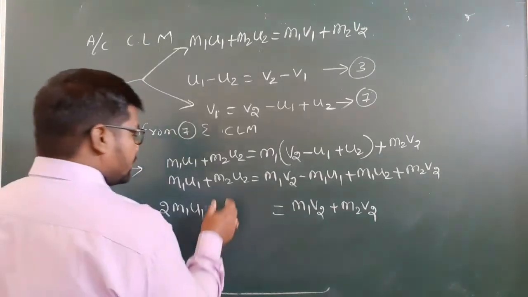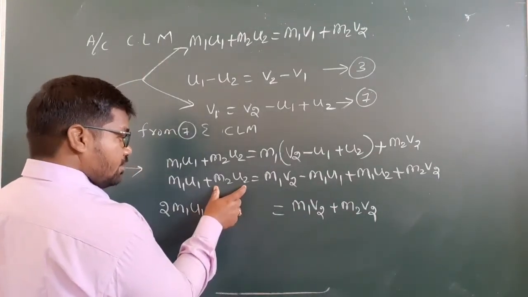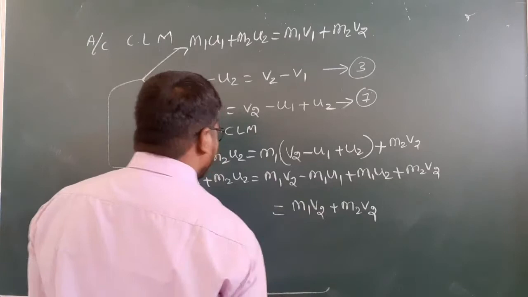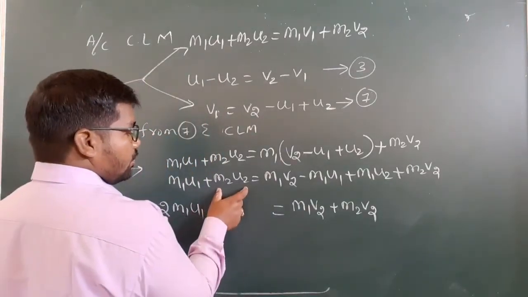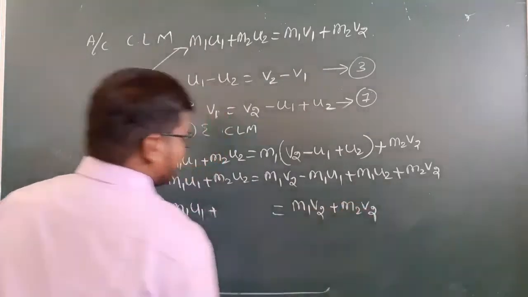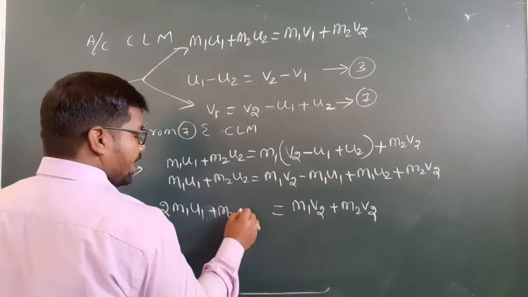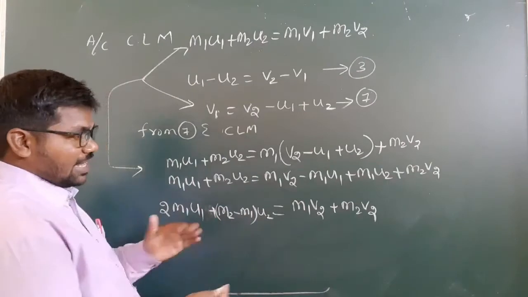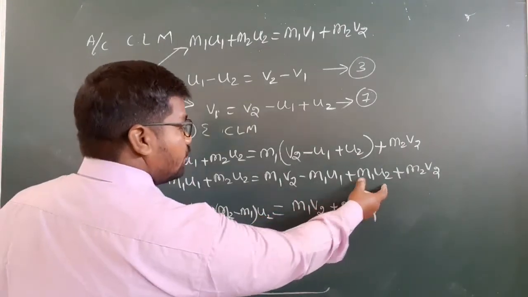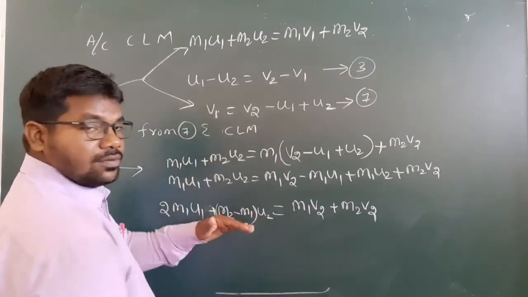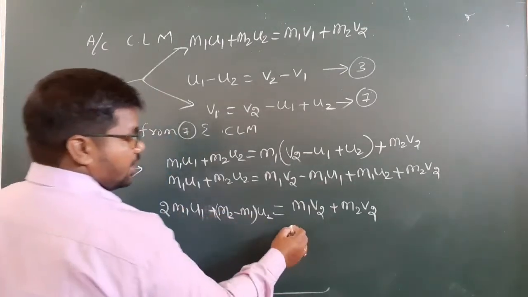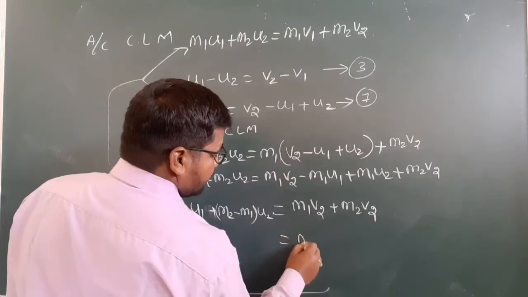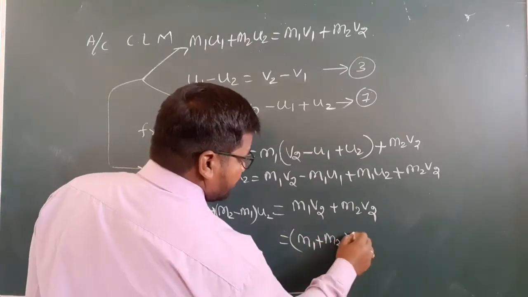Next, m2 u2 minus m1 u2 is (m2 minus m1) u2. Here m1 plus m2, v2 is common: (m1 plus m2) into v2.